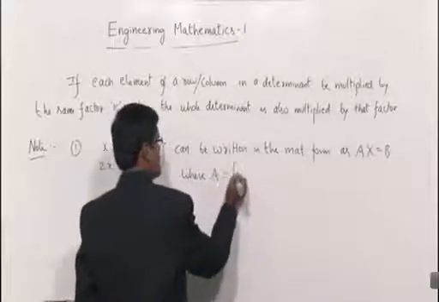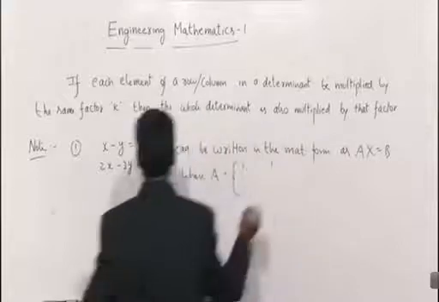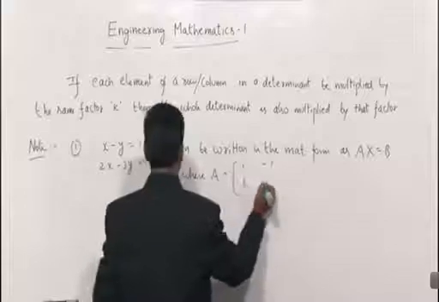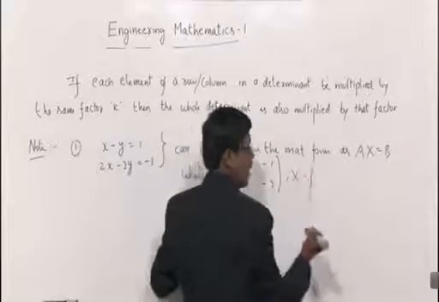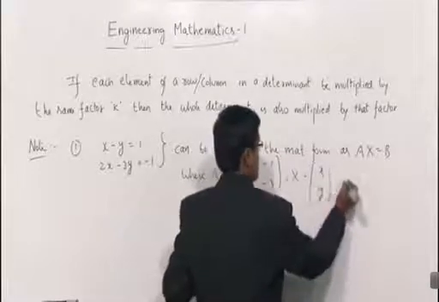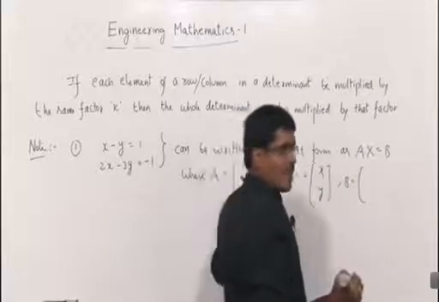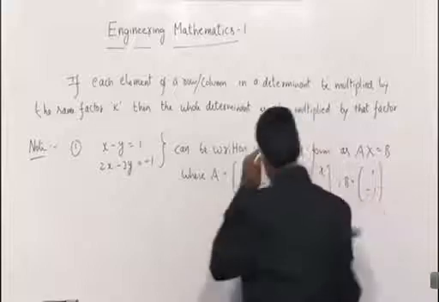It is the coefficients of all unknowns from all the equations: 1, minus 1, the x coefficient and y coefficient including sign. In the second equation, 2, minus 3. What is x? A column matrix containing all variables or unknowns, that is x and y. What is B? It is the values on the RHS of the given equations: 1, minus 1.